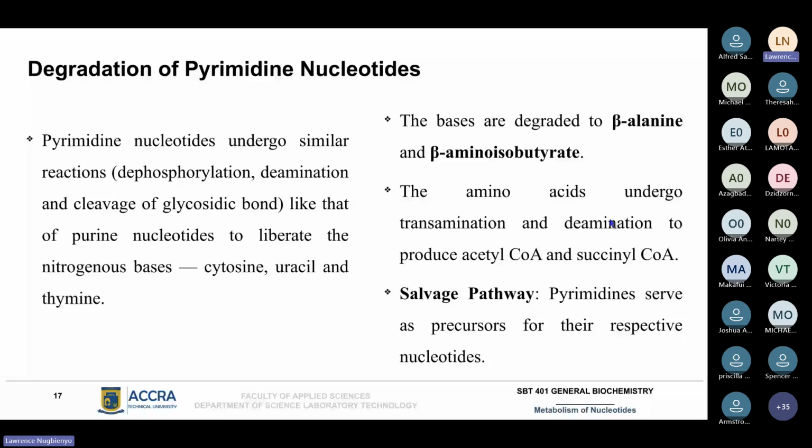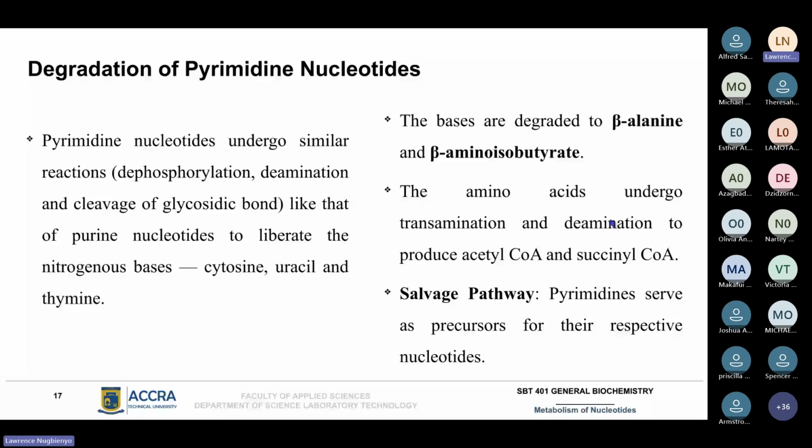So similar processes occur with the breakdown of pyrimidine nucleotides, so that in the end, you will be left with just the cytosine, uracil, and thymine, the nitrogenous bases. The sugars will be separate, the phosphate group will be separate, with the processes of dephosphorylation, deamination, and a breakdown of the glycosidic bonds.